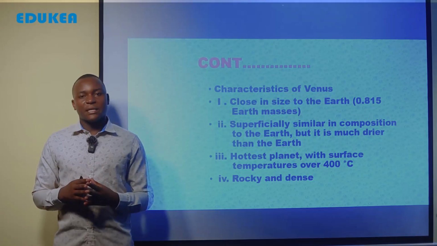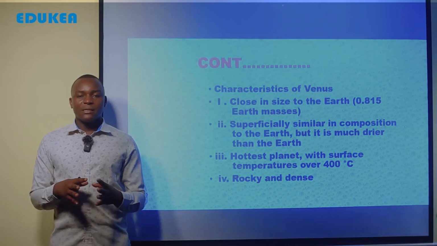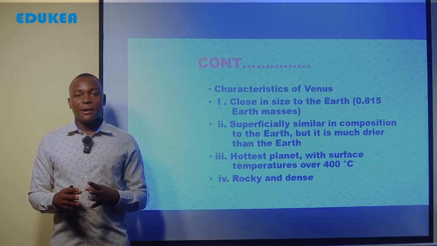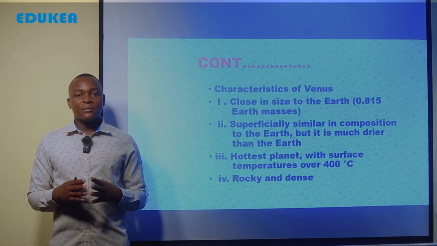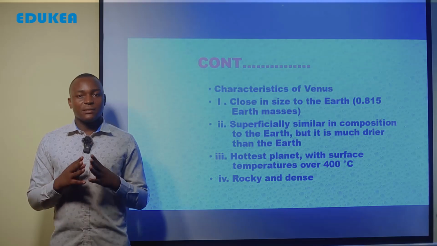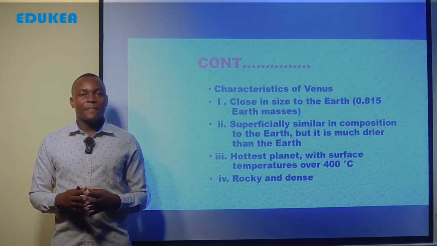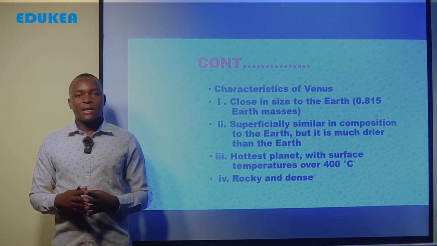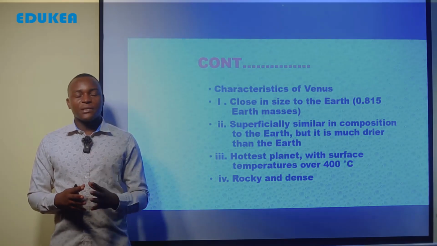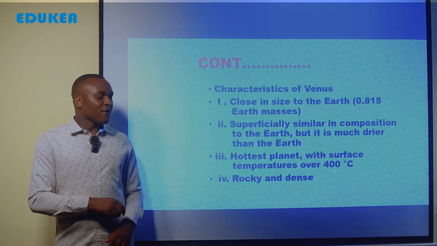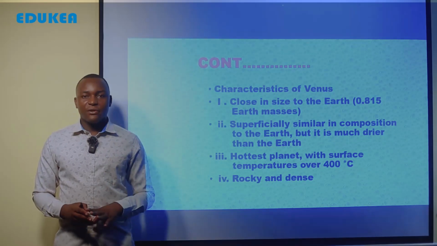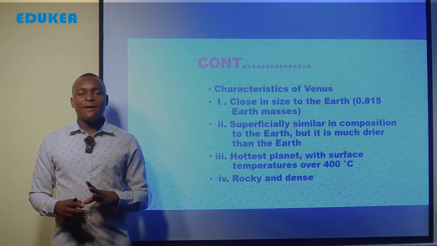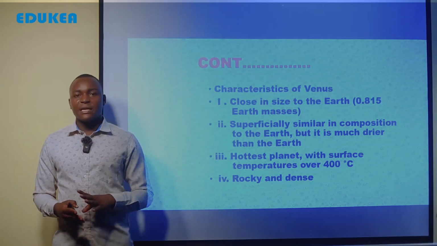Kwamba this is the hottest planet. Ukicompare zile 4 inner planets, tunasema kwamba Venus is the hottest planet, and its surface temperature is approximately 400 degrees Celsius. Also, it has the similar property of rock and dense as compared to Mercury.